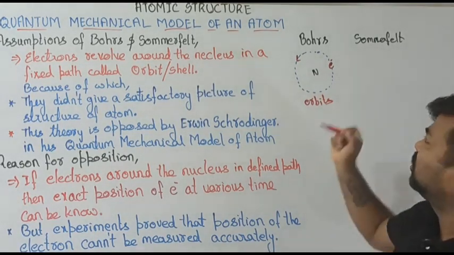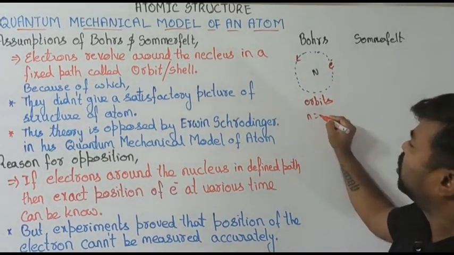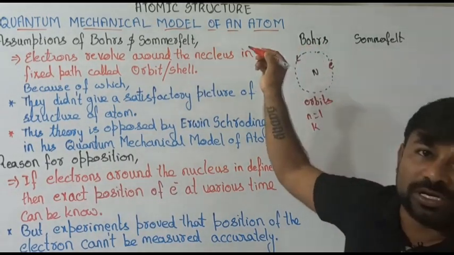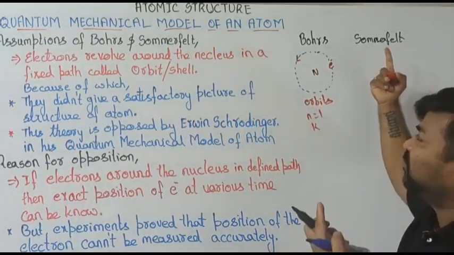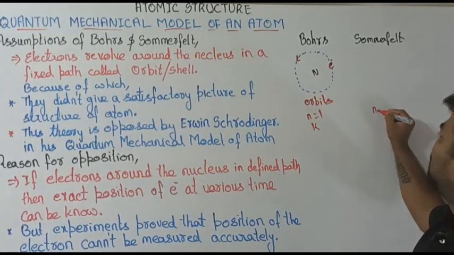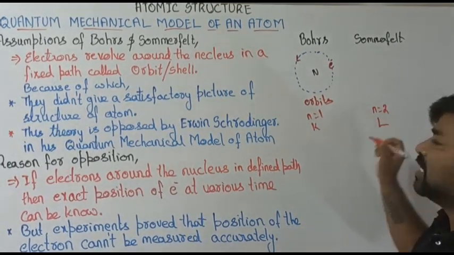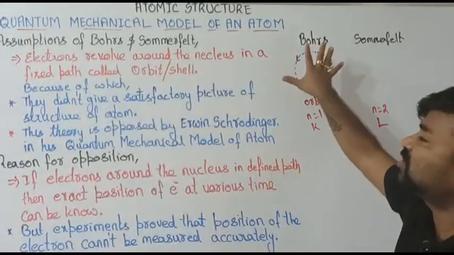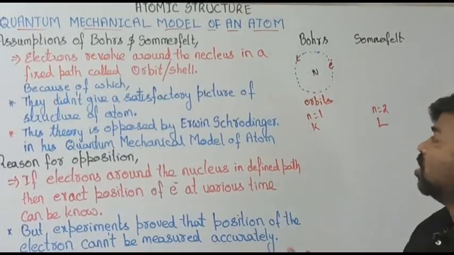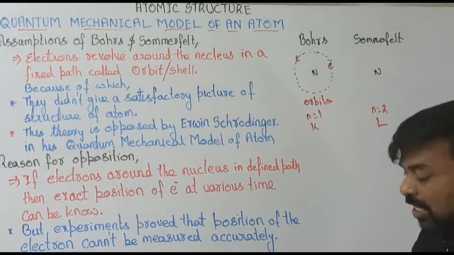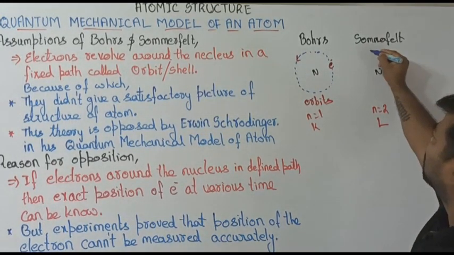Here I took the example of n is equal to 1, that is the K shell. Whereas if you deal with Sommerfeld, I am taking the second orbit, the L shell, not the first orbit. If this is the nucleus, what is Sommerfeld saying?